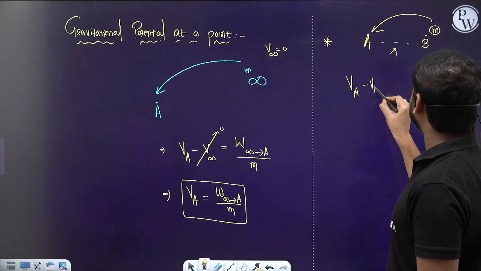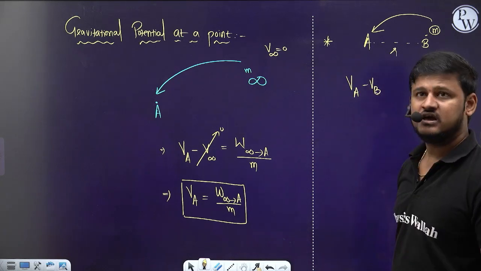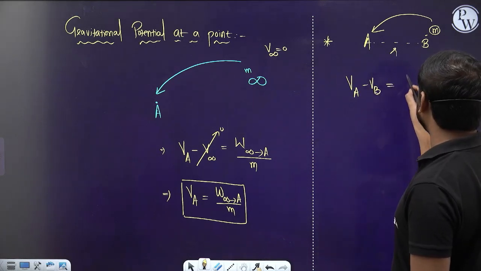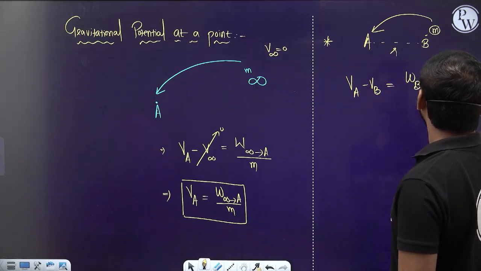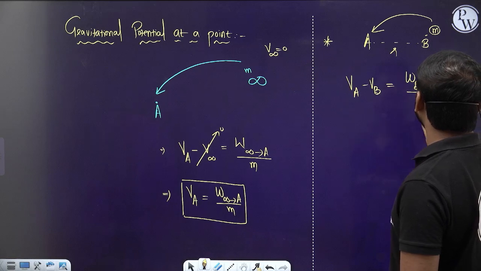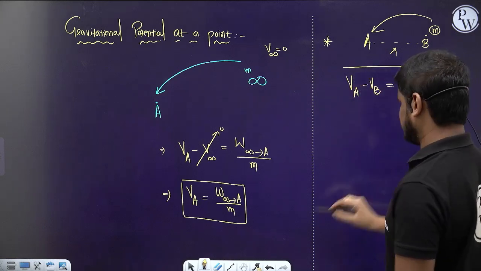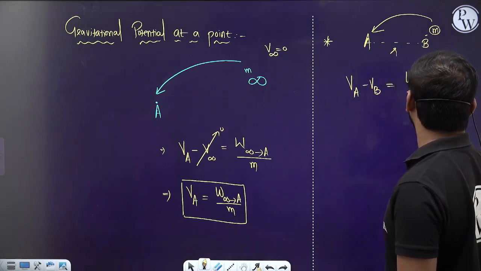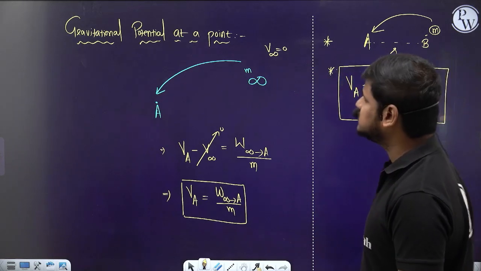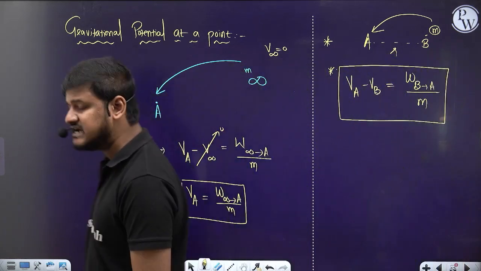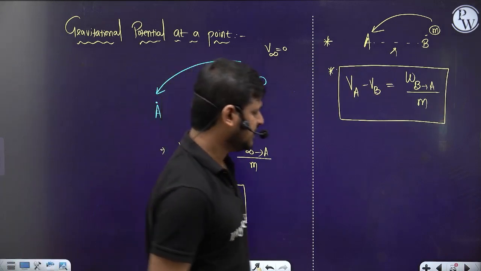Final minus initial. Finally you are bringing it to A from B, so the work is done from B to A, very slowly, in bringing the mass. Fine, clear? This is about the potential difference and the gravitational potential at the given point.